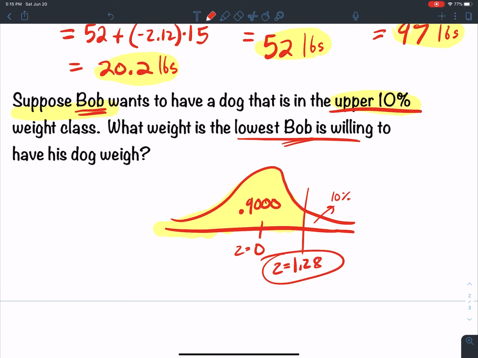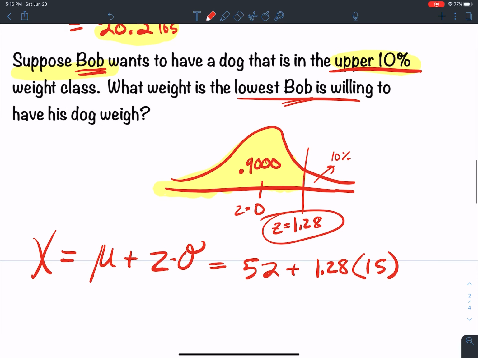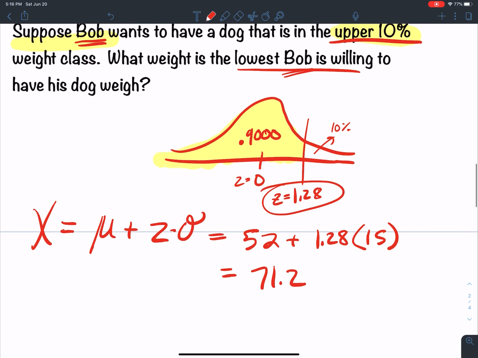Now, that's helpful to us because now I can use my value, which is mean plus z-score times the standard deviation. So this is 52 plus 1.28 times 15. And when I multiply this out, I get 71.2. So what does that mean?